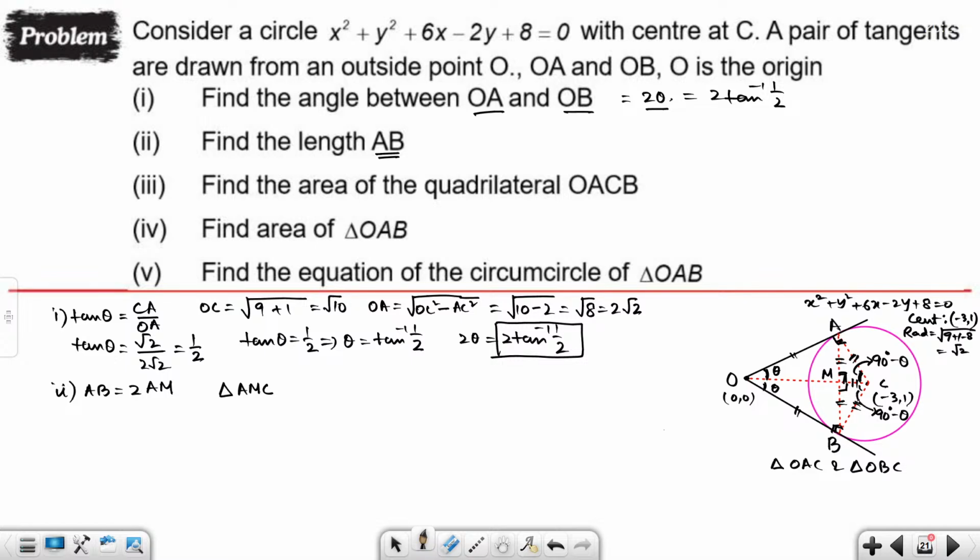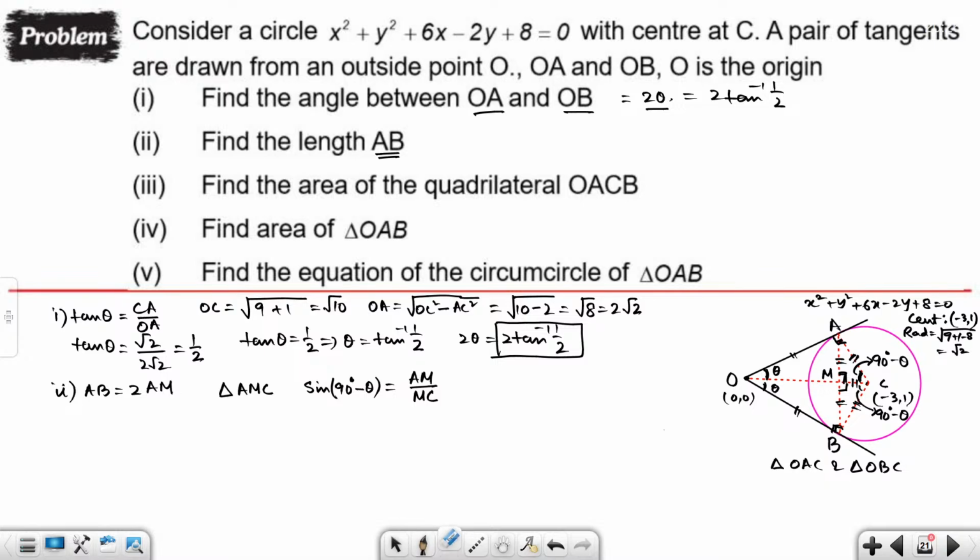So if I take sine 90 degree minus theta, what are you going to have? This is perpendicular by base. I'm sorry, I'm doing it wrong. Just 1 second.